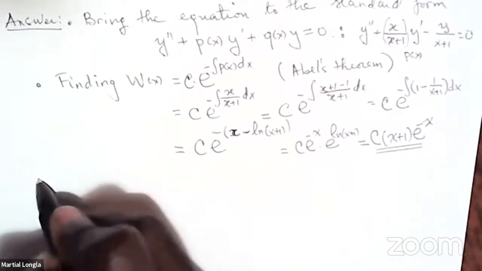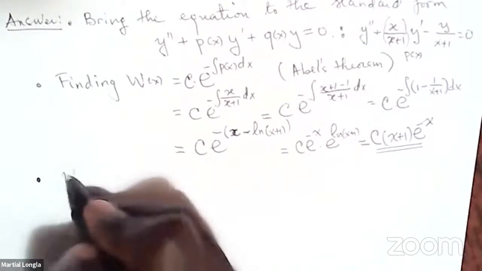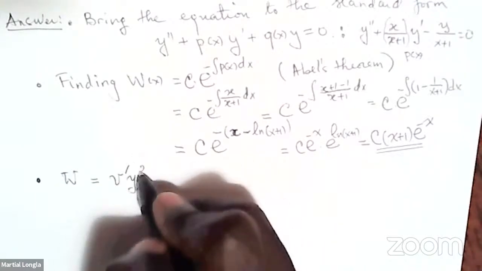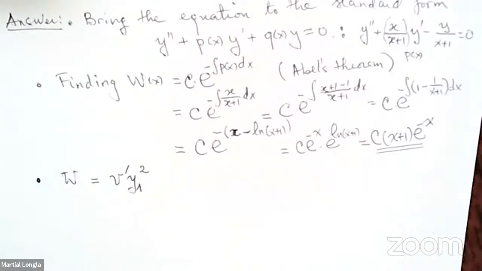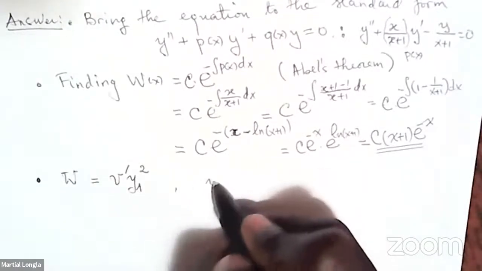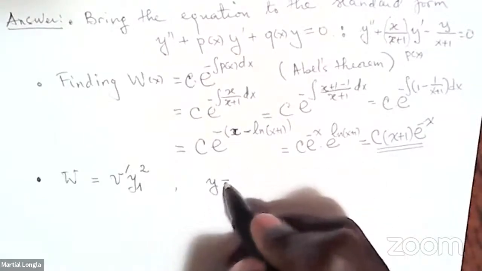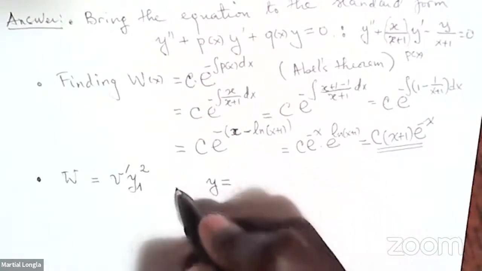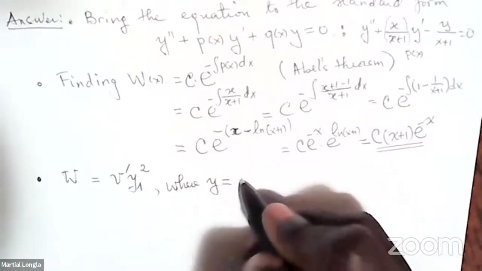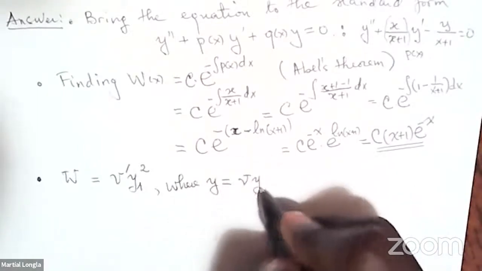And then you write the Wronskian separately on the other side. The Wronskian is equal to v prime y1 squared, where the y that you're looking for is equal to v y1.